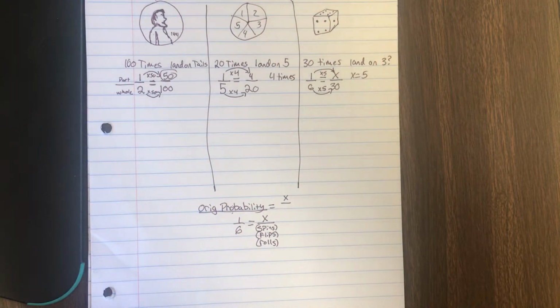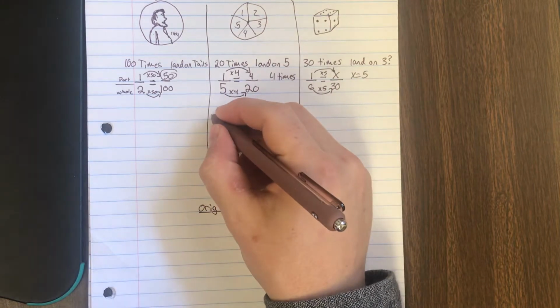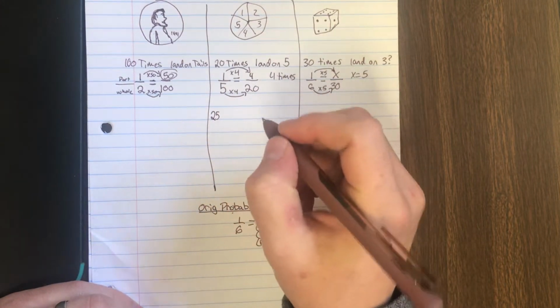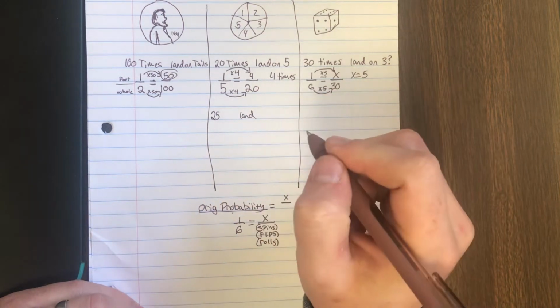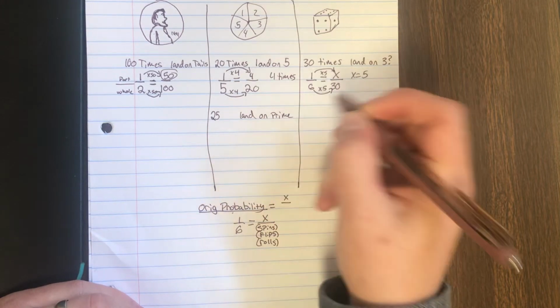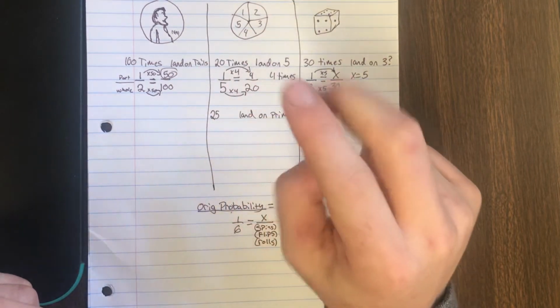So let's do one more example for each one. If I spin the spinner, let's say 25 times, what is the number of times I will land on a prime number? Prime numbers, we're not counting 1, so that would be 2, 3, and 5.